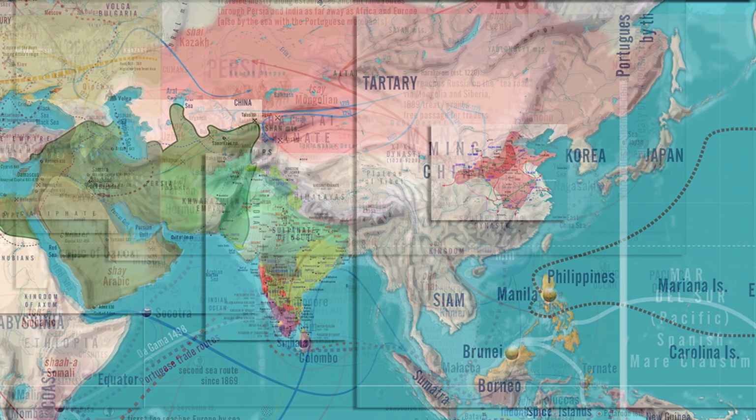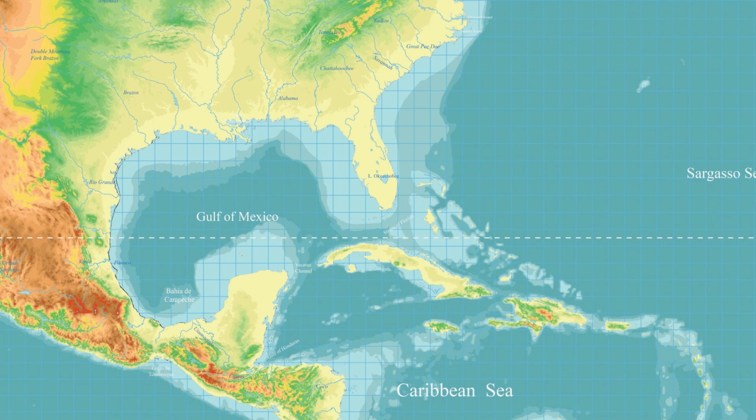And I found such a base. It's a digital vector base of the whole world geography in different levels of detail. And after that, I worked on it to make it unique for our purposes.